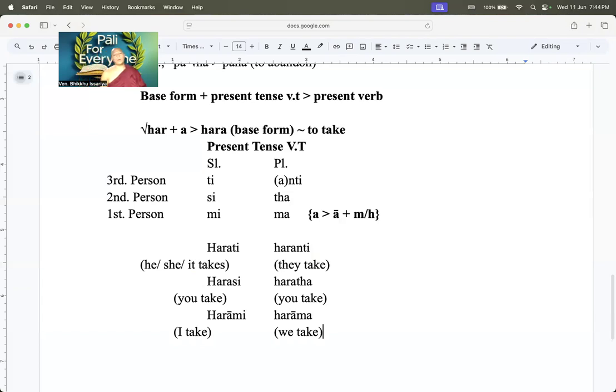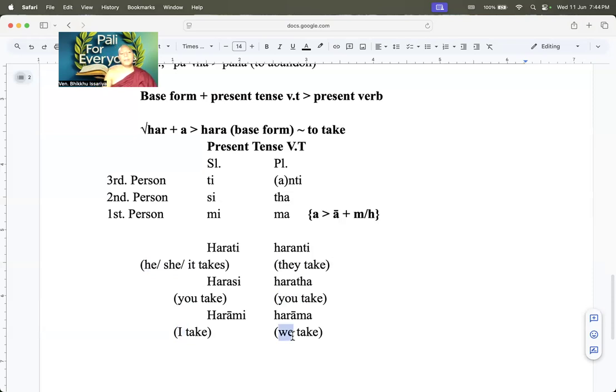So now haradi, harandi, harasi, harata, harami, harama. Okay, we know. But now, if we want to add for this one, he, she, it, or they, or you, or I, or we, how in Pali?